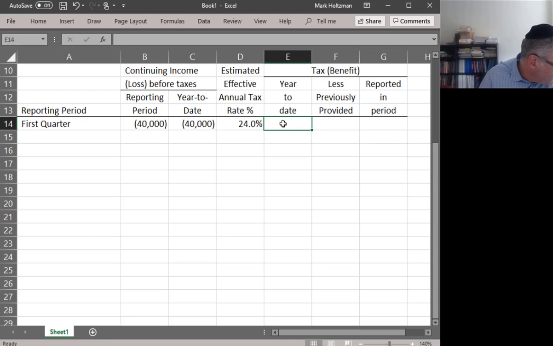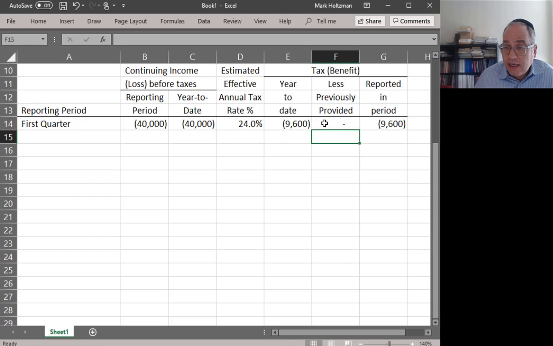Then you would have a tax benefit of $40,000 year to date times the effective rate, or $9,600. So far nothing has been recorded, so you would report in this period a $9,600 tax benefit. When you have a loss, you have a tax benefit.